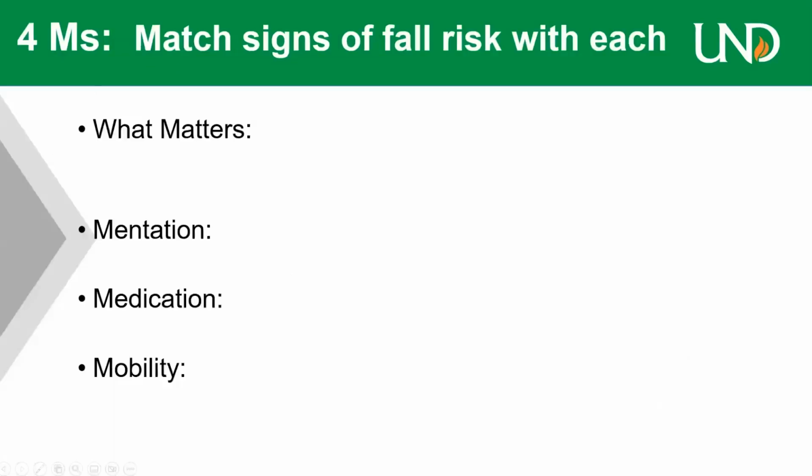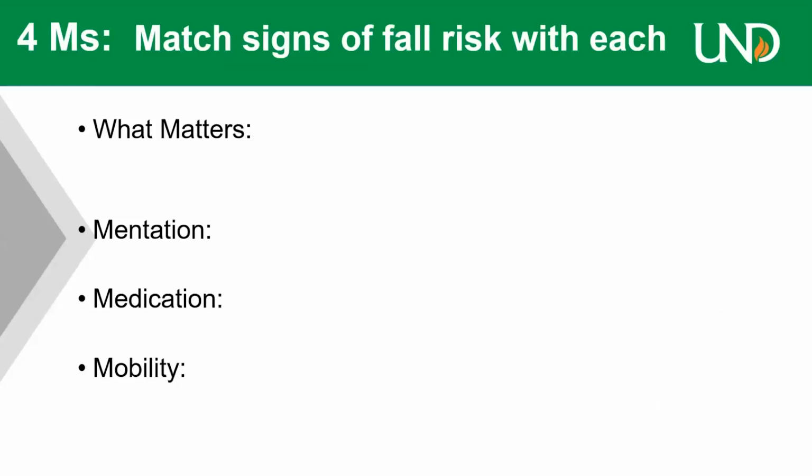Well, let's take this and match it up with the 4 M's. The 4 M's are the key areas to address with geriatric care. We'll match the fall risk factors from Virginia's case scenario to the different 4 M's. So for the first one, what matters?